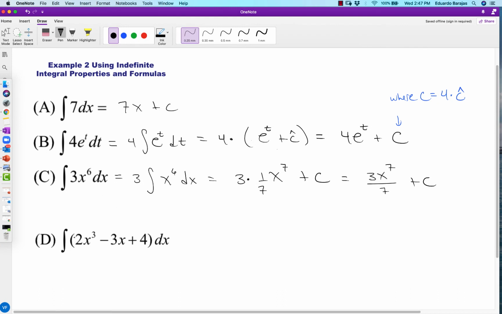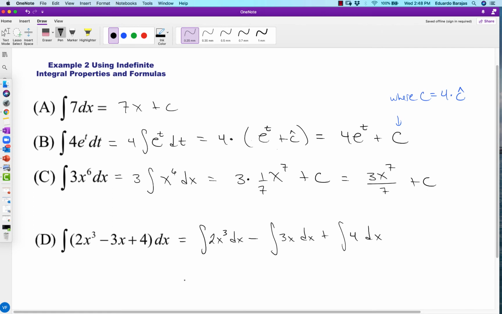Okay, let's try another one. The integral of 2x to the 3rd minus 3x plus 4 dx. Again, one of our properties says that with addition and subtraction you can separate them. So this is equivalent to the integral of 2x to the 3rd power dx minus the integral of 3x dx plus the integral of 4 dx.